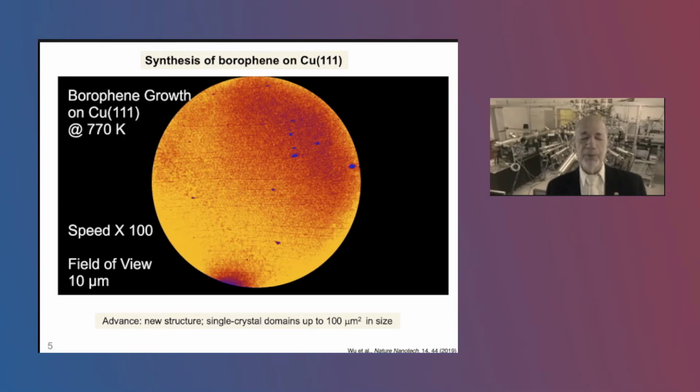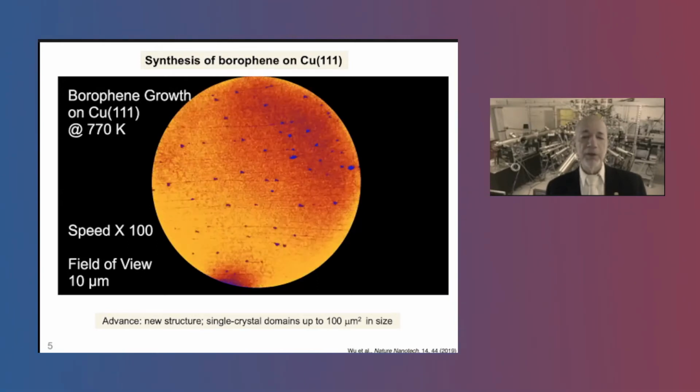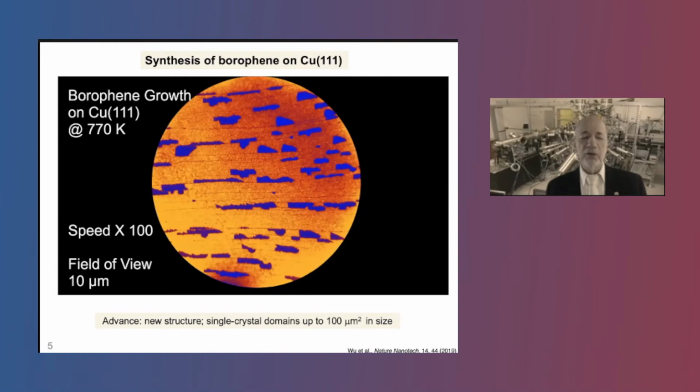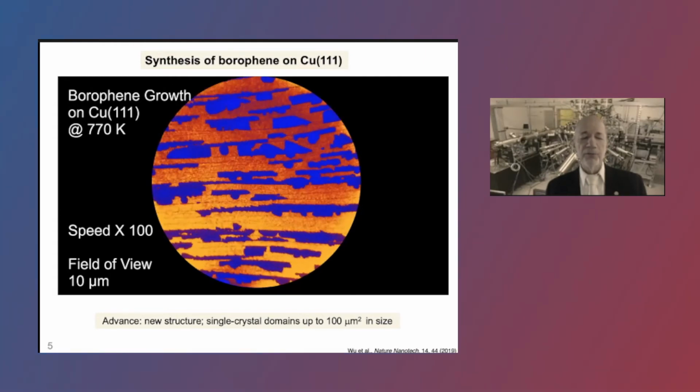Borophene is blue and copper is copper. So you can see that the growth largely nucleates from a step edge in the substrate, growing on the lower terrace about 5 times faster along the edge than perpendicular to it. And some of these islands can reach an area of 100 microns.